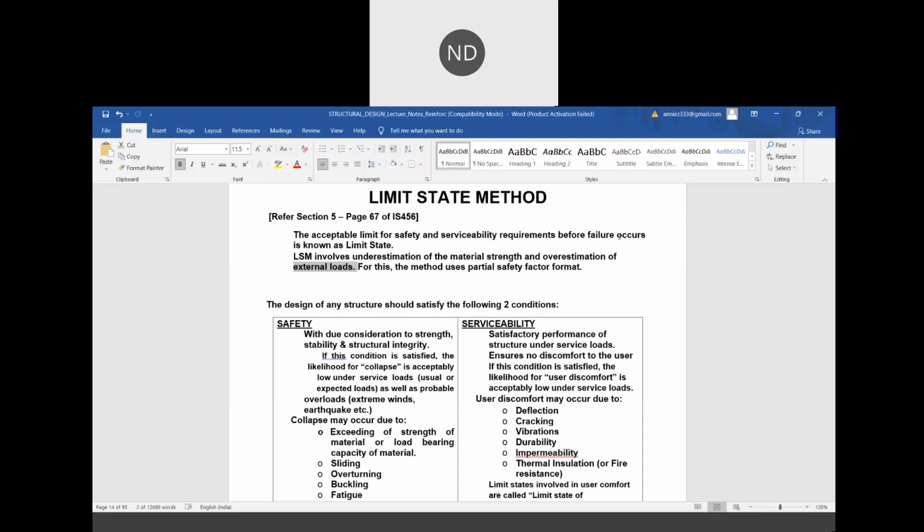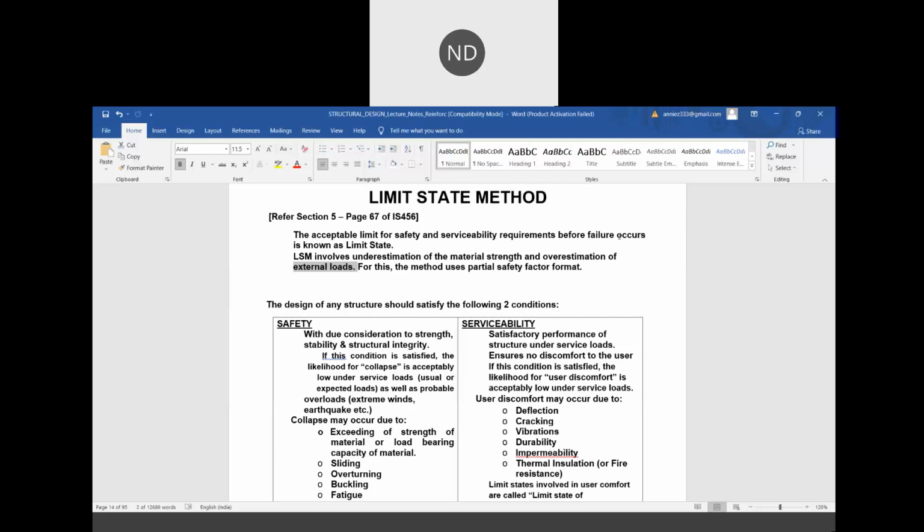Okay, the materials as well as your structure. If the materials with which a structural member is made are good, having better strength, then even if the load is more, your building is going to survive.